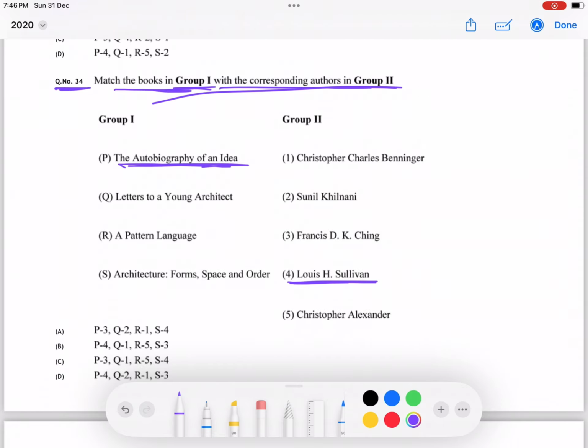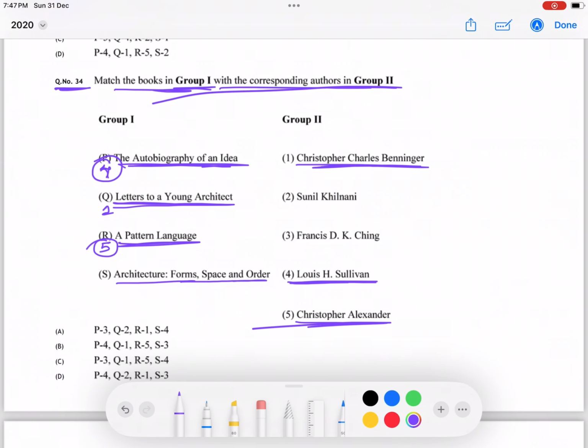Letters to Young Architects is given by Christopher Charles Benninger. A Pattern Language is given by Christopher Alexander. And Architecture: Form, Space and Order is given by D.K. Ching. So the best match answer here is 4, 4, 1, 5, 3. The second one.